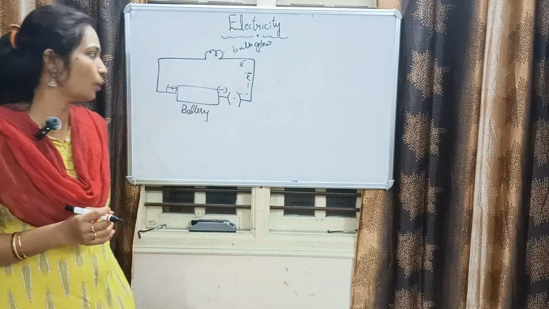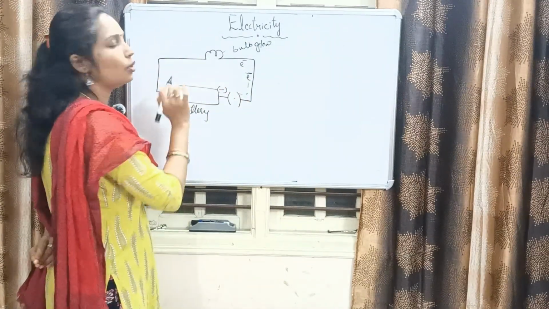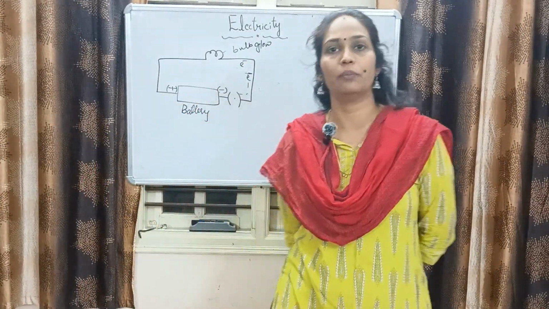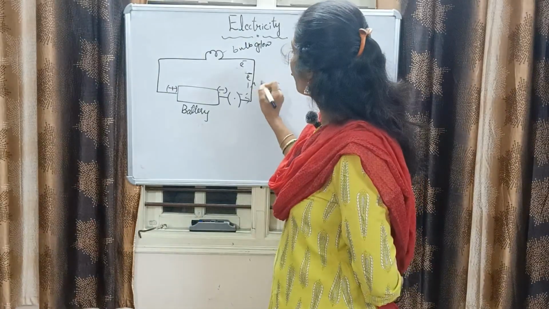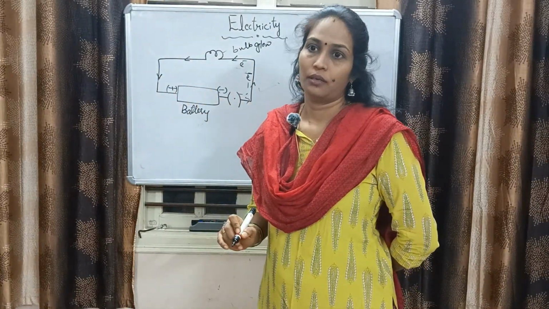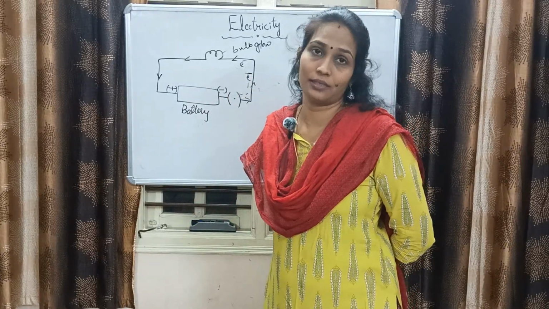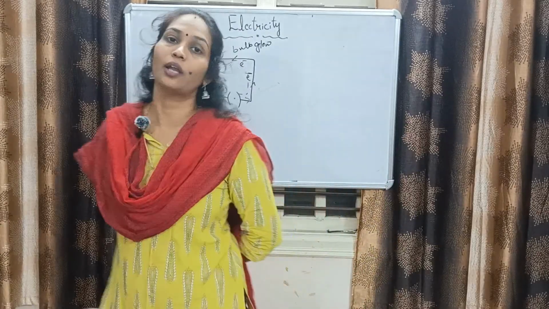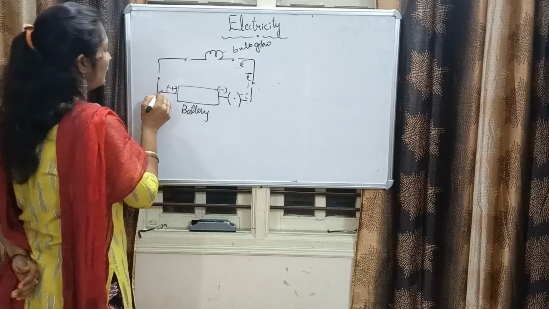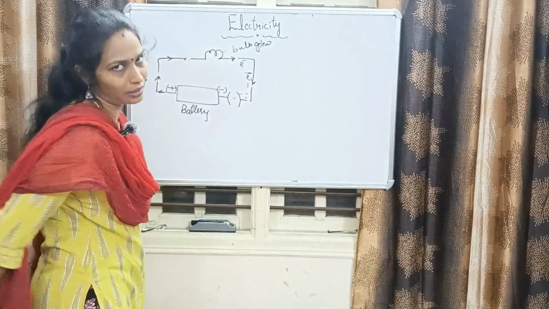In this circuit, the electrons are moving in one direction, from the negative to the positive terminal. Actually this is correct. But according to the old scientists, to give them an honor, they mentioned that the current is flowing from positive to negative.